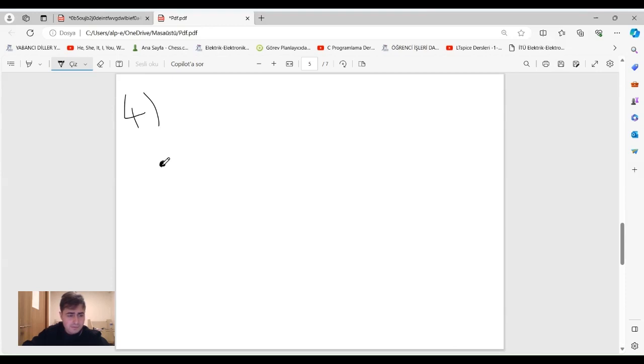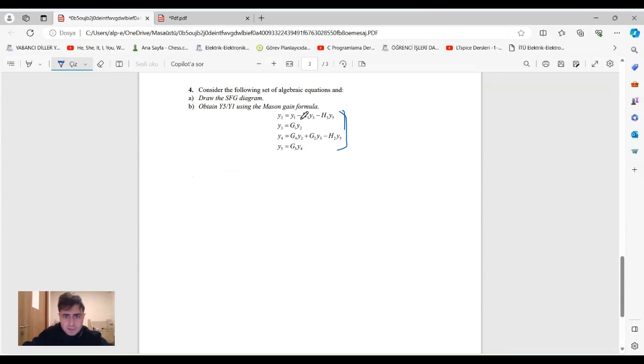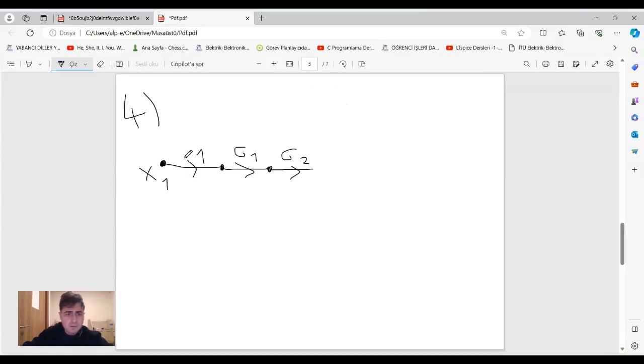This is the beginning, X1, going to that, going this. This is G1, and this line G2, and also this must be 1. Yeah, 1, G1, G2, and these dots.